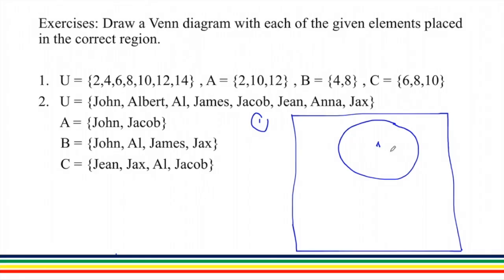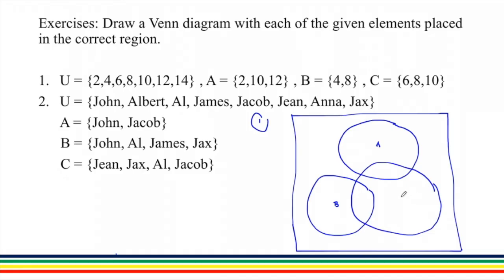And we have B. Is there an intersection between A and B? No, they don't have the same elements. Therefore, let's separate them, and that's B. How about C? C intersects with A and B, so this should be C. What is the intersection between A and C?